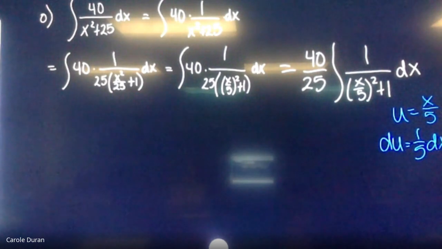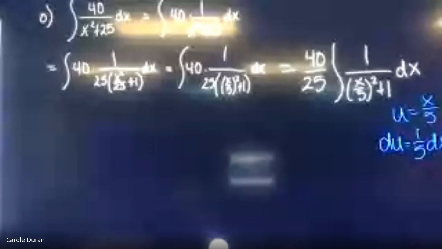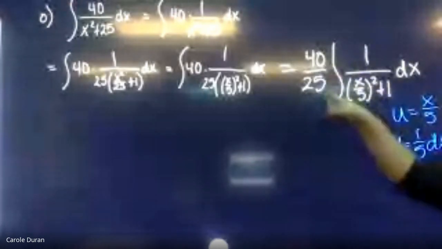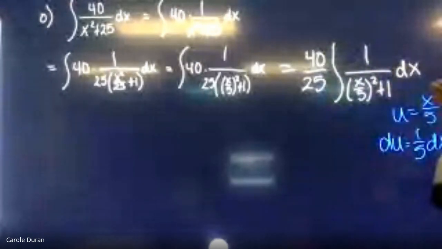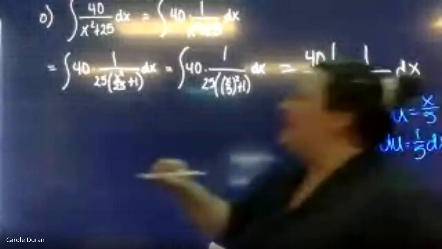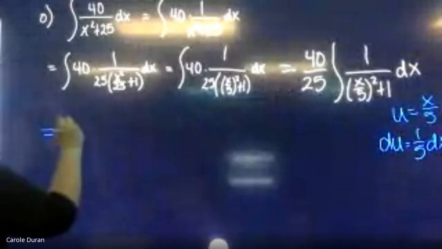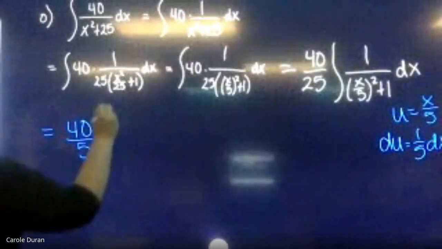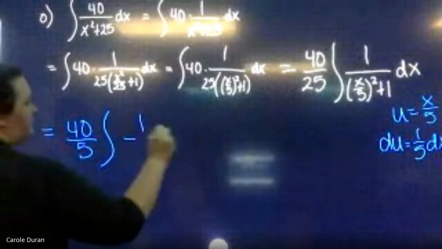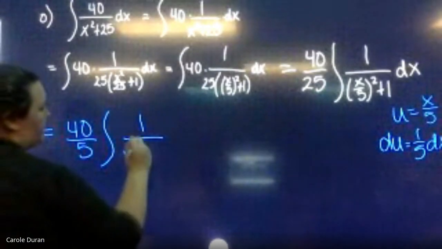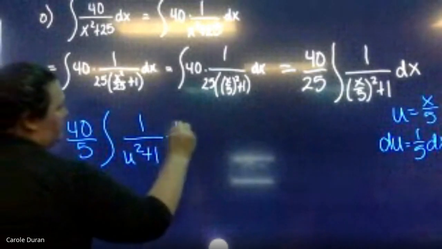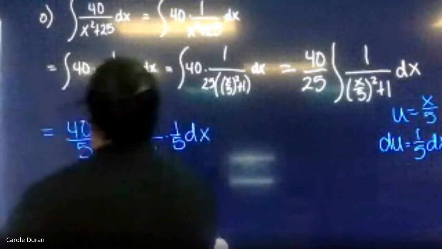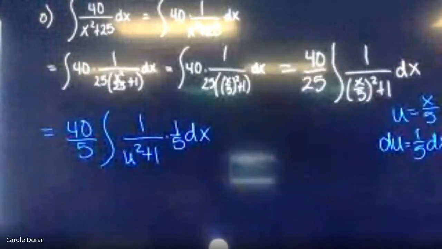Do I have the 1/5? Kind of. Technically, I have a 1/5 here, I just have to separate it. So if I take a 1/5 out of that, this becomes 40 over 5 times the integral of 1 over u squared plus 1 times 1/5 dx. So I just divided a 5 out and moved it as a fractional 1/5.